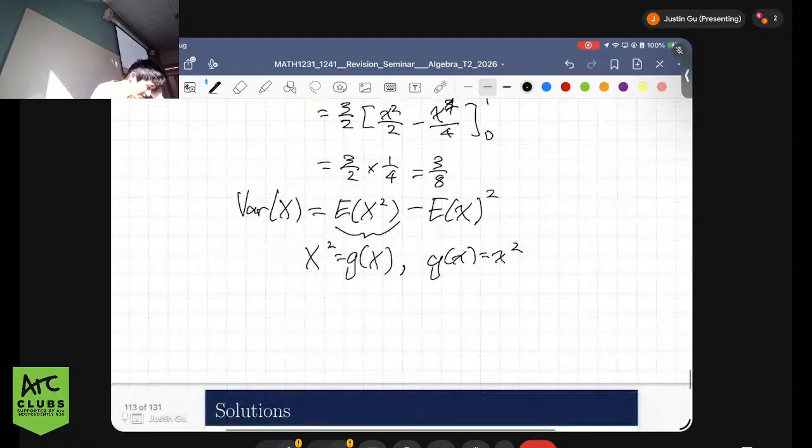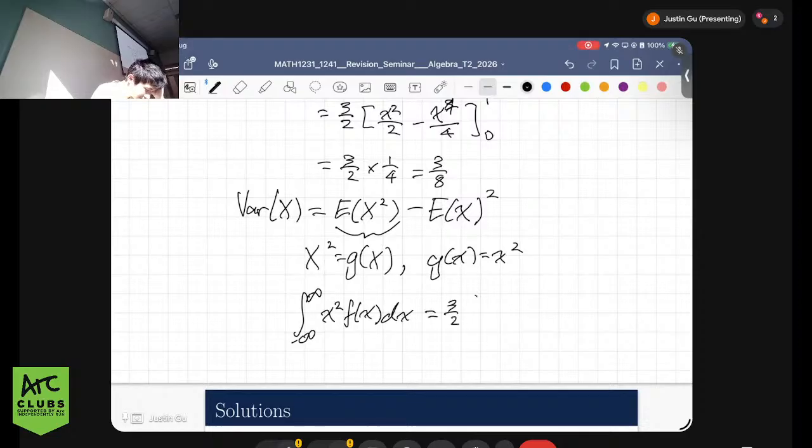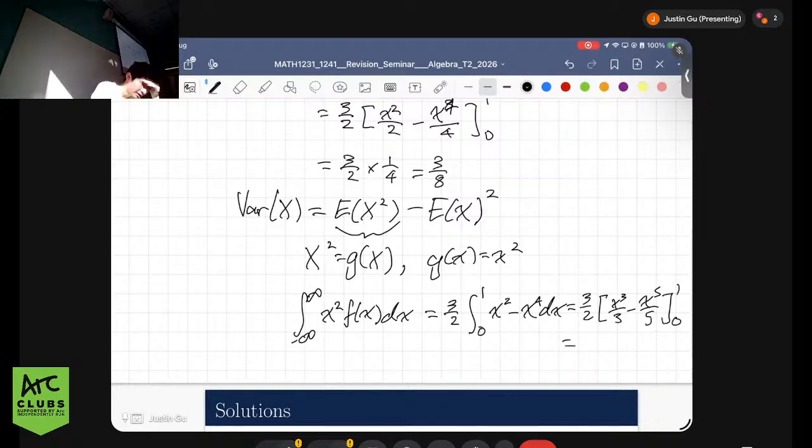So this expected value is the integral from negative infinity to infinity of x squared times f(x), which is 3 on 2 times the integral from 0 to 1 of x squared minus x to the 4 dx, which is 3 on 2 times x cubed on 3 minus x to the 5 on 5, from 0 to 1. 1/3 minus 1/5 is 2 on 15.